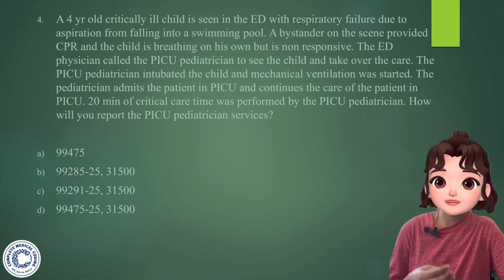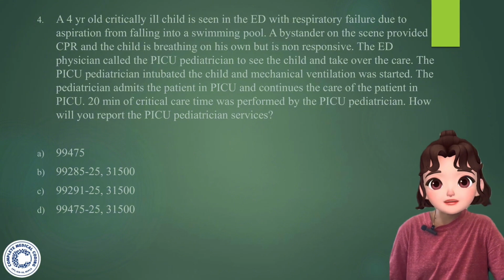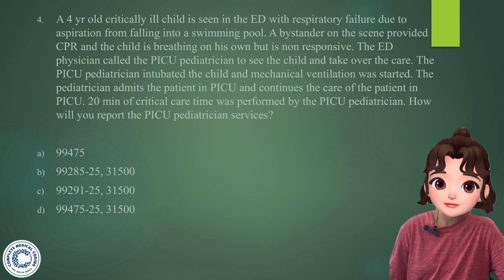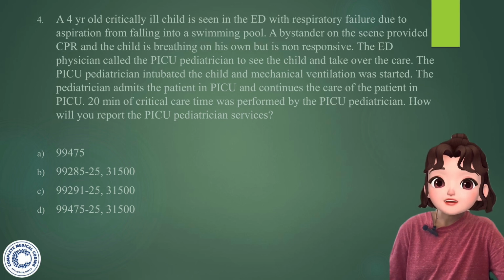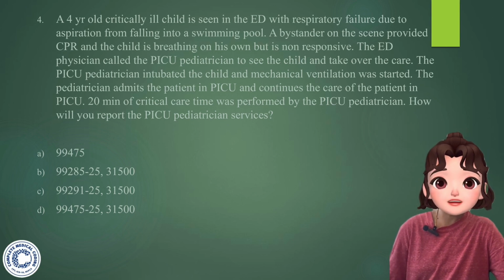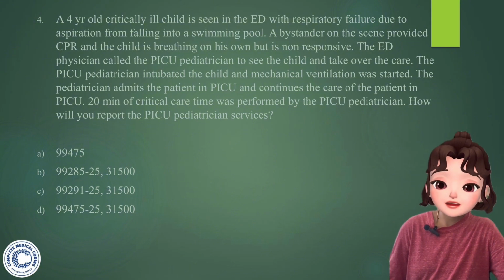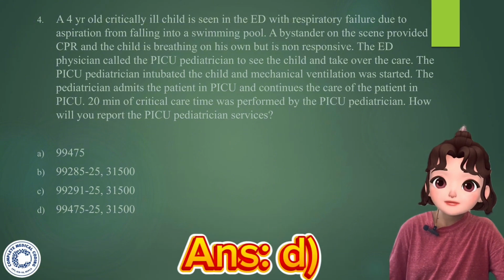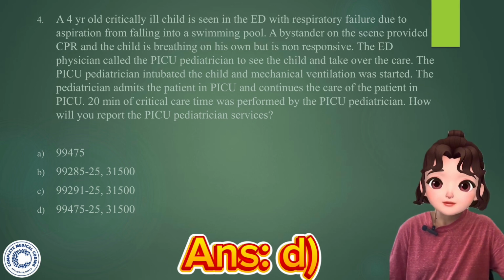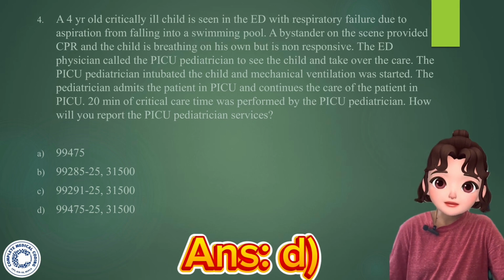That's why we are appending the E&M code with modifier 25. So don't be confused with options A and D. Here both the services are carried out by the same physician, so you have to mark the E&M service with the 25 modifier. So the answer here is option D, 99475 with modifier 25, and then the intubation code 31500. Okay.